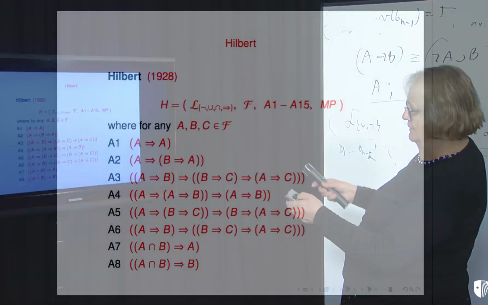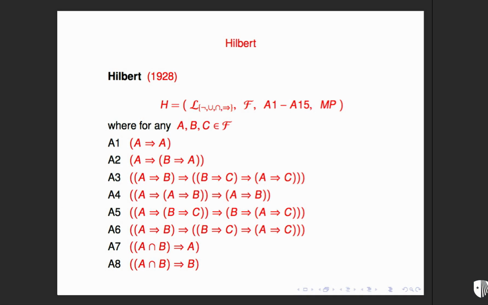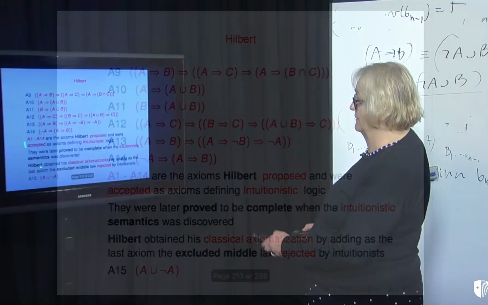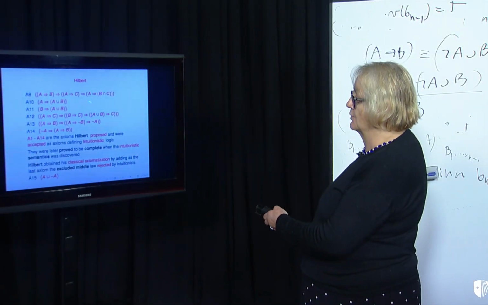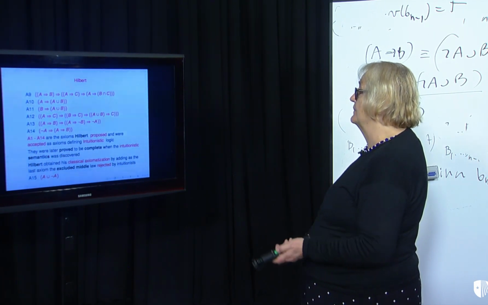Hilbert wanted to have the full language, so he gave a full language and the full axioms. You see, there are axioms for conjunction and disjunction, so you have 14 axioms.